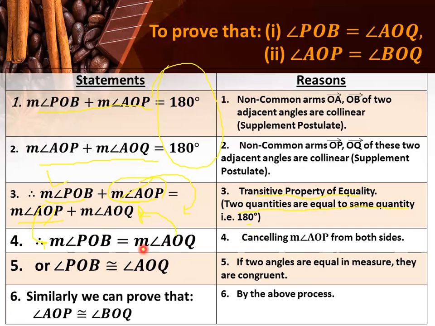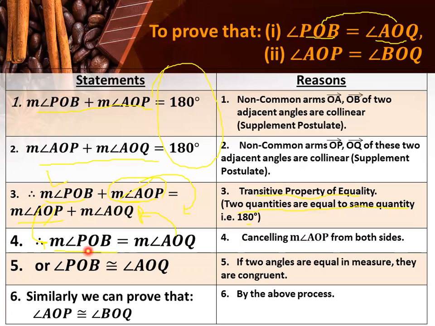Now I'm repeating again what you have to prove. Now look here. You have to prove this thing, that POB is equal to AOQ. After cancellation, as you see here, you get POB and AOQ.